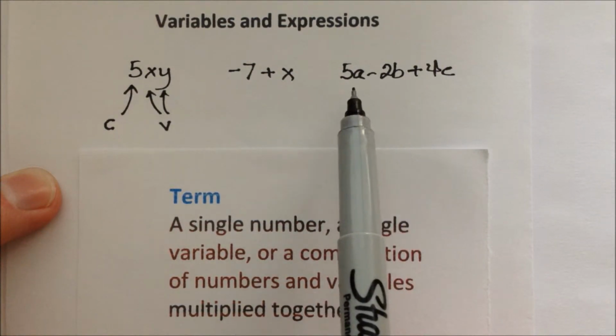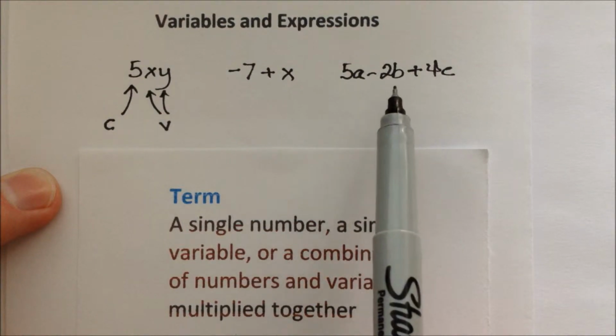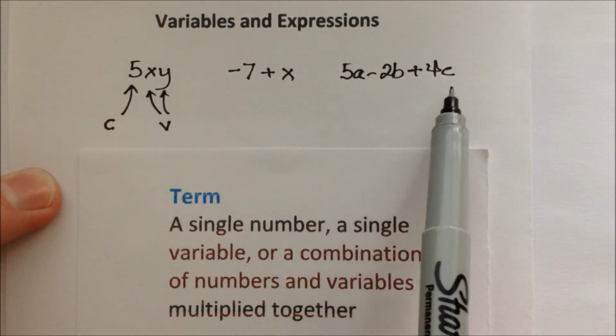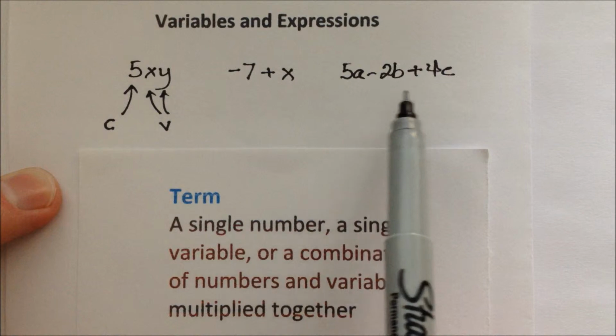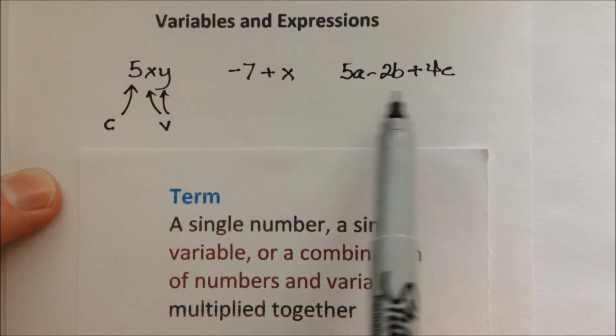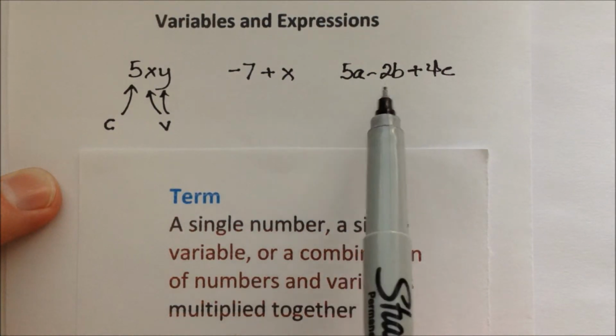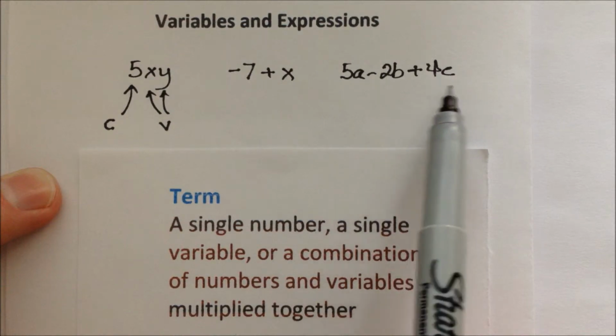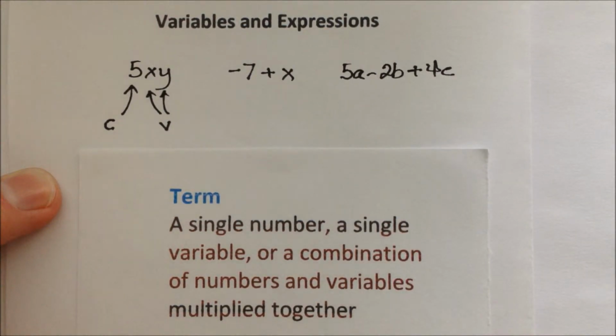So 5 times a minus 2 times b plus 4 times c. So now this one has how many terms? Well, 1 term, 2 terms, 3 terms. It has 3 total terms. So in each case, you can see a number being multiplied by the variable. So terms are just single numbers, single variables, or a combination of numbers and variables that are all multiplied together.